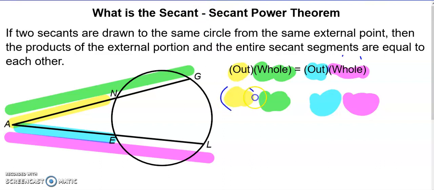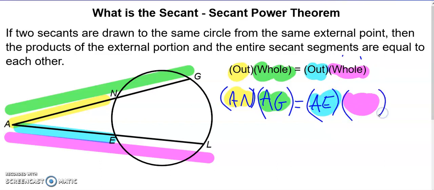The yellow segment is AN. The green segment is the entire length, AG, and that will equal the outside part of the second one, AE, times the whole length of the second one, AL. Boom. So outside times whole, AN times AG, will equal outside of the second secant, AE, times the whole length of the second secant, AL.